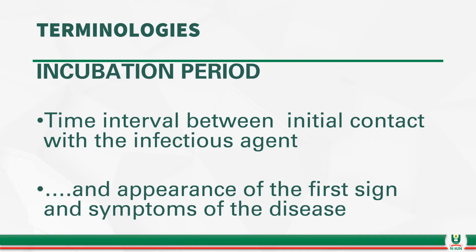That period between the entry and manifestation of the signs and symptoms of disease is called the incubation period of that disease agent, and it varies. It varies among the disease agents, whether it is infection with viruses, infection with bacteria, infection with any other organism, which is a communicable disease. Incubation periods vary.